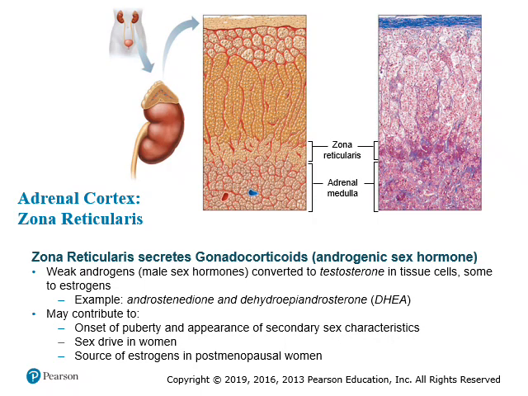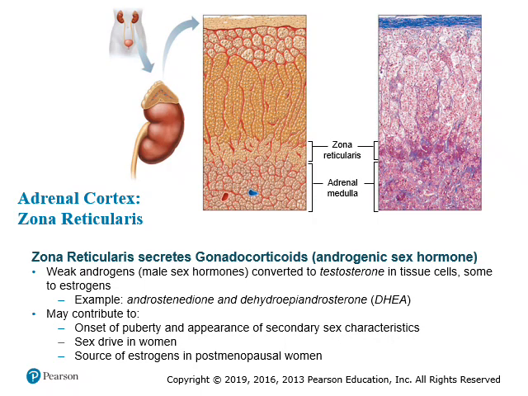And this may contribute, for instance, during the onset of puberty, to the appearance of secondary sexual characteristics, even before puberty.